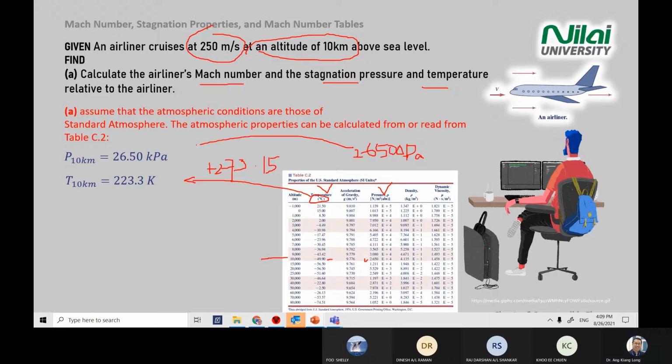You can write either in kilopascal form or in normal Pascal form. If you write in kilo, then you get 26.5 kilopascal. Cool, do you understand how you get pressure and temperature in this case?